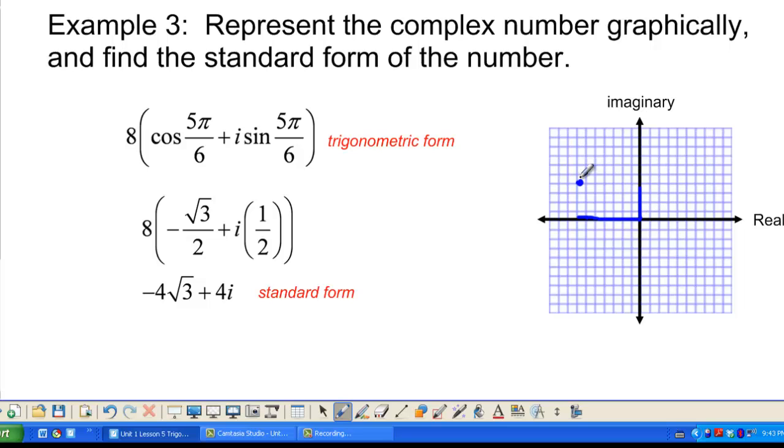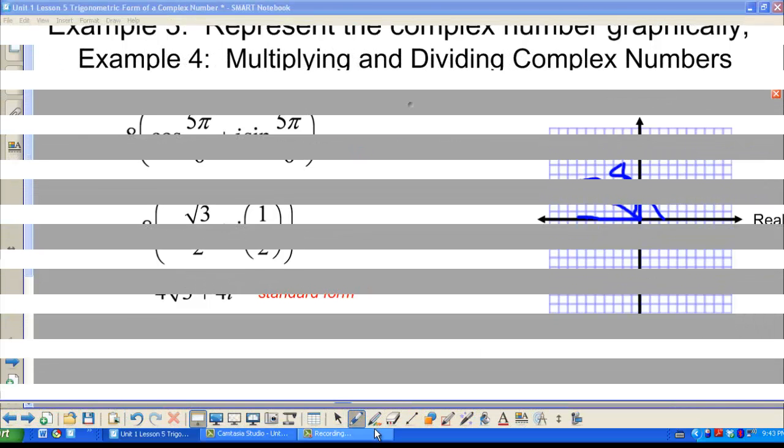And if you think about this, even though this isn't a unit circle problem, wouldn't 5 pi over 6 be approximately that angle? And if I did the Pythagorean theorem, this distance right here, my modulus, is 8.